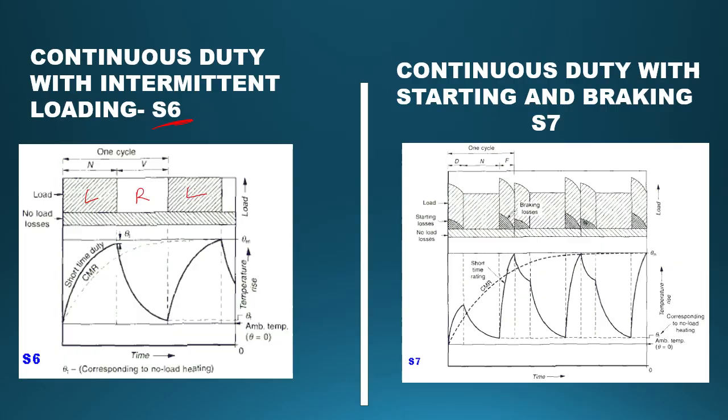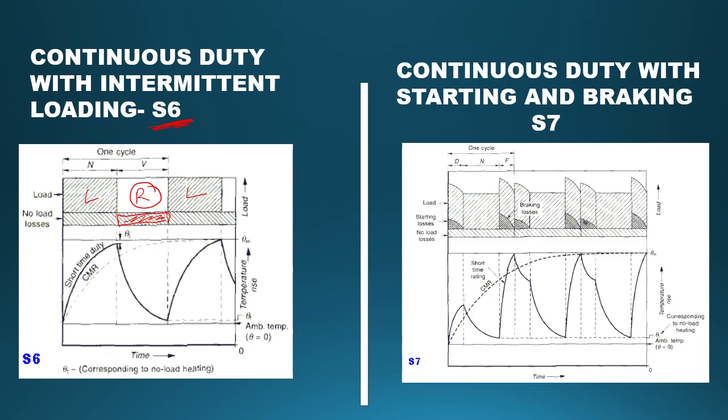The load is applied intermittently, but during the rest period, as the supply is there, the no load losses will be present. This is the no load loss during the rest period. Therefore, the temperature rises more in case of the S6 duty cycle than the normal intermittent loading.